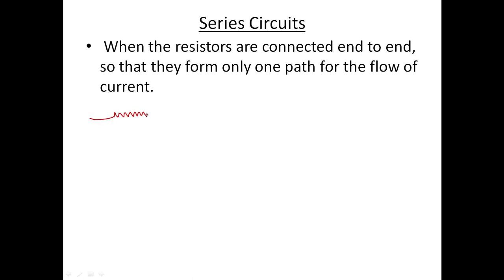Suppose this is a circuit having resistance R1, R2 and R3. So these are the resistances of the circuit and it is connected to a battery terminal.